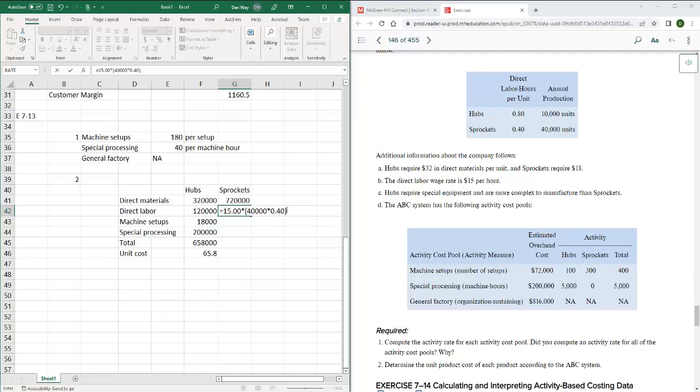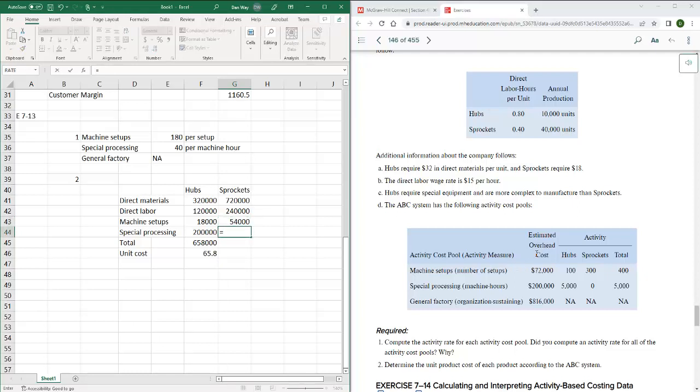So again, what's in the parentheses here is the total labor hours required to make all these sprockets. There's our labor cost. Machine setups, that rate was $180 per setup from part 1 times the 300 setups that we need to execute to make all these sprockets.